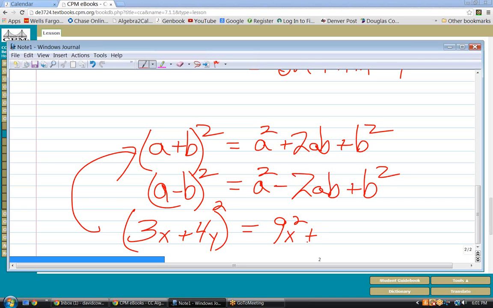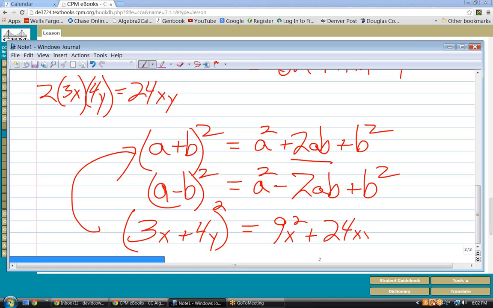And then, is it 4 times 4 or 2 times 4? Well, it's 3x times 4y times 2. In other words, the 2ab would be 2 times 3x, that's the a. The b is 4y. Multiply all three of those numbers, you get 24xy. So that's the middle term, 24xy.